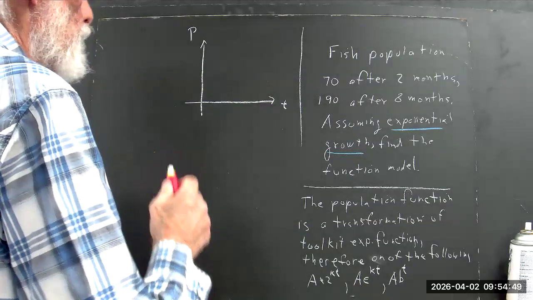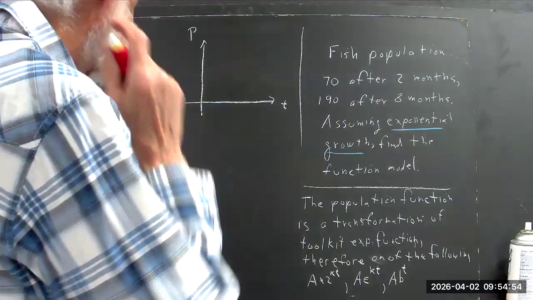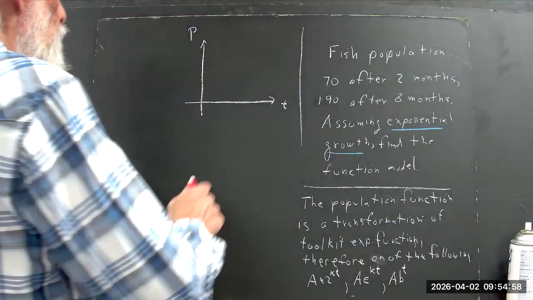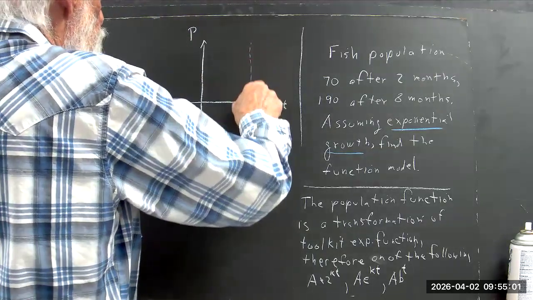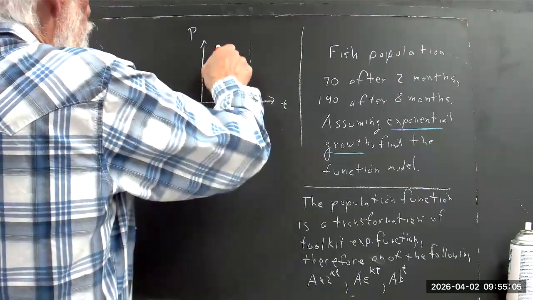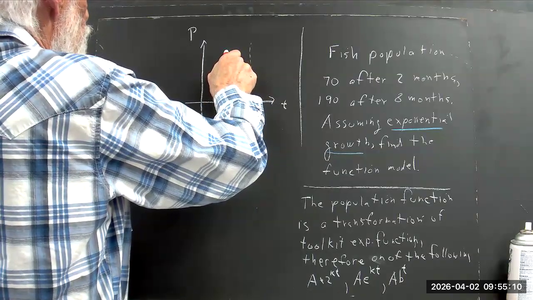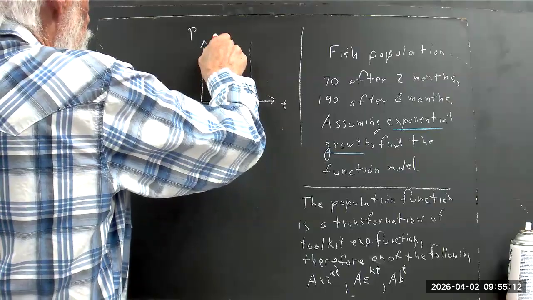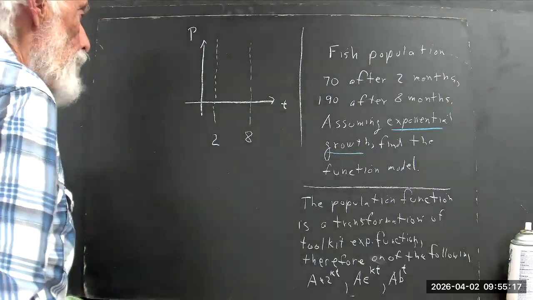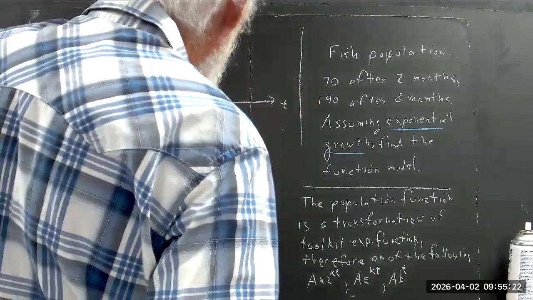We can't just put 2 random points down because they have to be in proportion. So let's just say we want to put 8 months here, and 2 months halfway back to the y-axis, and then halfway from there puts 2 about here. Then we have populations 70 and 190.